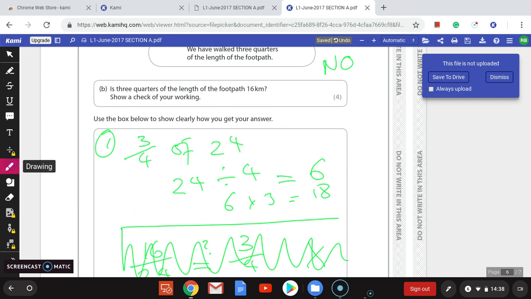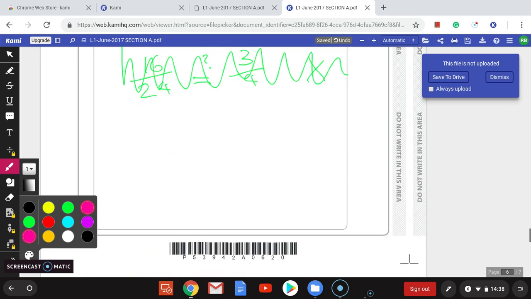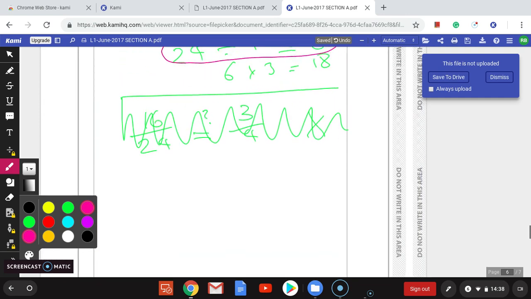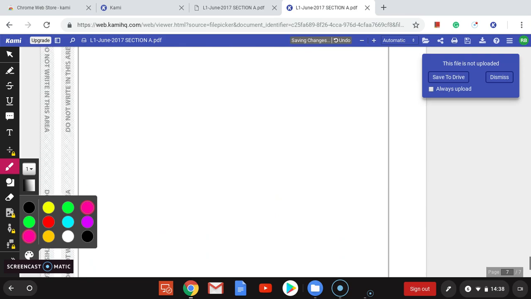So let's pick this part of the question here. 24 divided by 4 equals 6. In reverse, that simply means start with your answer of 6, do the inverse function of divide, which is multiply, by 4, and that should give us 24, which is good because that's what it said here. So that's a check. You're just doing something backwards.